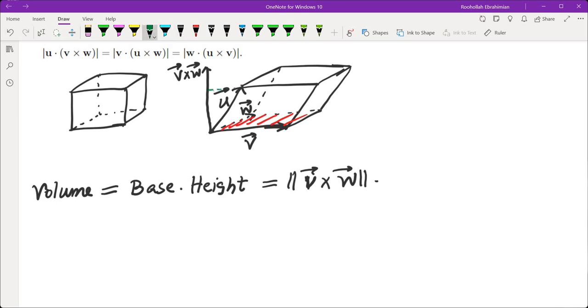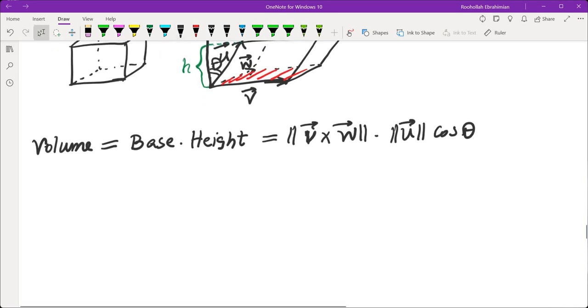So what is the height? The height is exactly this length right here. Let's say this angle here is theta. In terms of theta, I can say that's just the magnitude of U times cosine of theta. So what is magnitude times cosine?